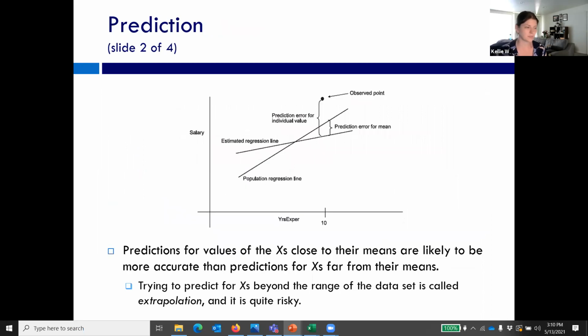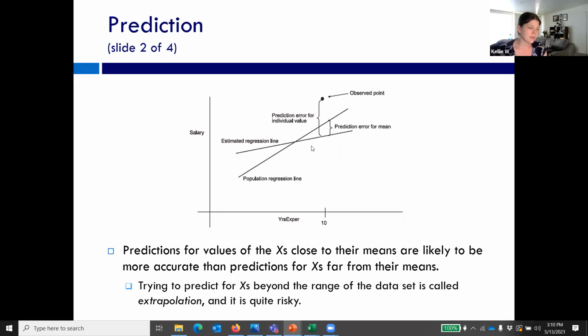So that looks like this. Here's our estimated regression line and the population regression line. The prediction error for the mean is just the difference between the two at the mean, these two points at the mean. But for any given point, we have the prediction error for the individual value and for the line itself.